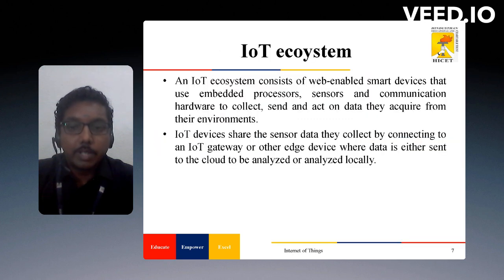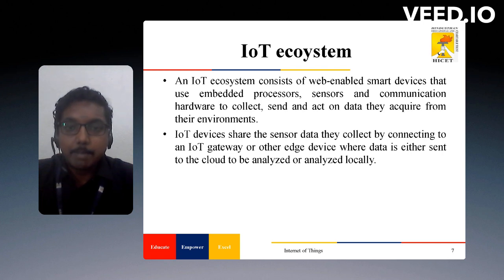Then what about the IoT ecosystem? It consists of web-enabled smart devices. What is the need for these web-enabled smart devices? They use sensors and communication software and hardware to read, collect and send data from one place to another.